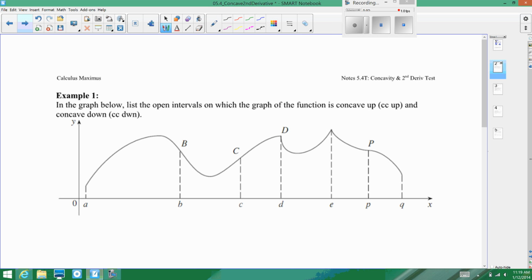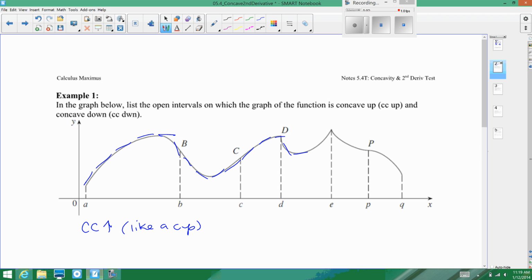In this graph, we just have to figure out where the graph is concave up, like a cup, or concave down, like a frown. So concave up, like a cup. When we draw the tangent lines, are they above the graph or below the graph? Maybe we should draw a couple of tangent lines.